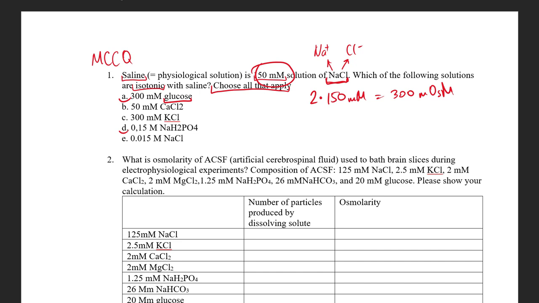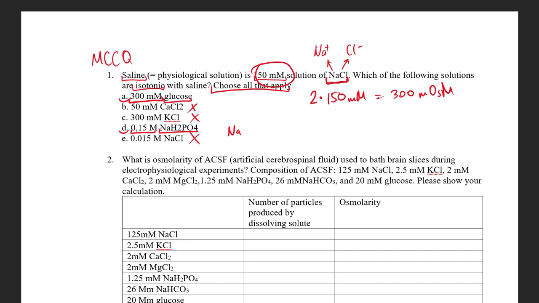Okay, so what are the 300 milliosm here? Glucose, because it gives only one osmotically active particle, so we have 300. So the second one is not fine, this one is not fine, and this one is not fine. So what is 0.15 hydrophosphate of the sodium? It is actually a two particle substance.